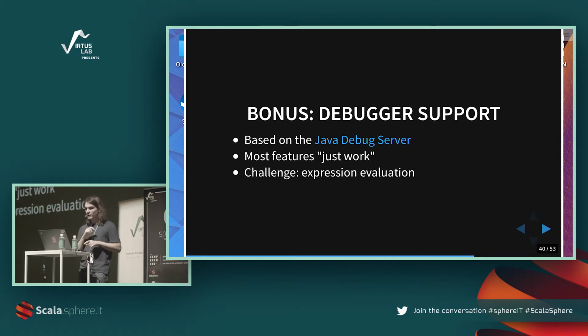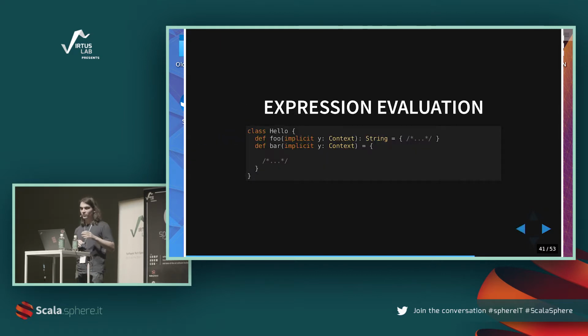One challenge is expression evaluation. So imagine you're in your debugger in some class which has two methods, foo and bar, and you decide to put a breakpoint inside bar, and then you want to evaluate the expression foo.